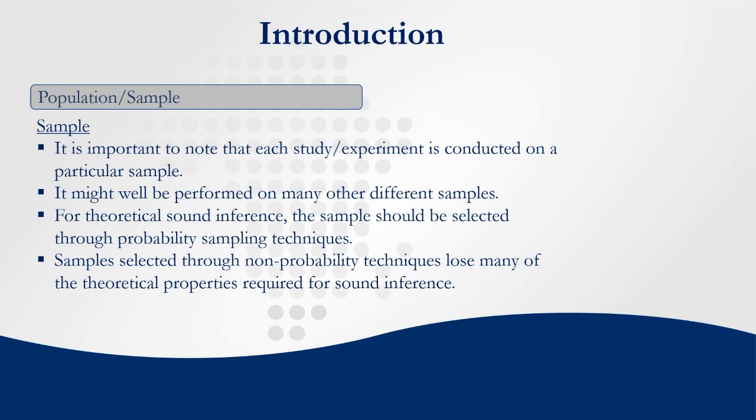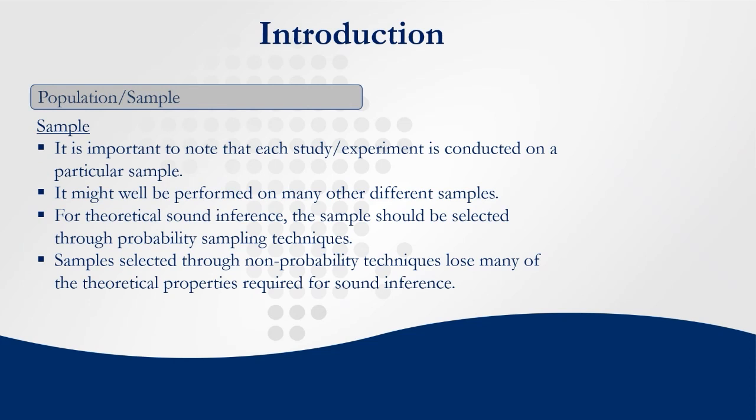And it is advised that the sampling is as sound as possible. The things that we do in inferences are based on sound probability sampling techniques, even though we apply them to non-probability sampling techniques. So the sampling has to be as sound as possible, because when we use non-probability sampling approaches, we do lose some of the properties that are required.